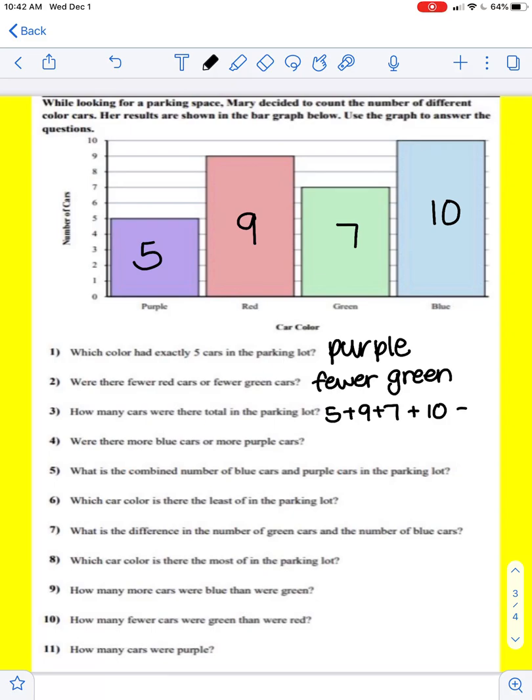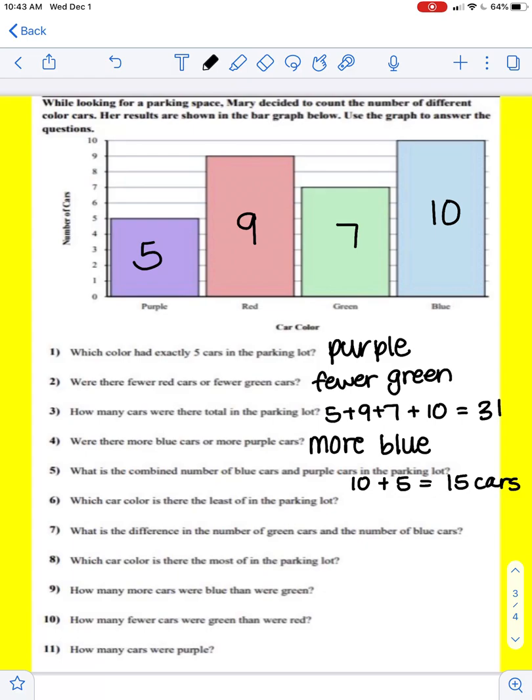So that is going to give me a total of 31 cars. Were there more blue cars or more purple cars? More blue, because 10 is greater than 5. What is the combined number of blue cars and purple cars? We had 10 blue plus 5 purple, so 15 cars.